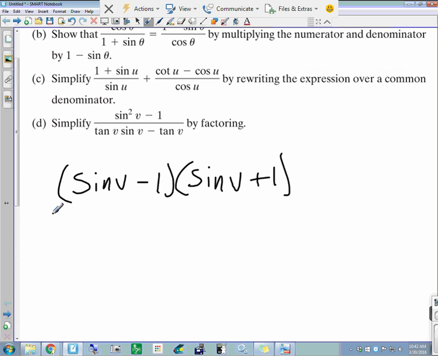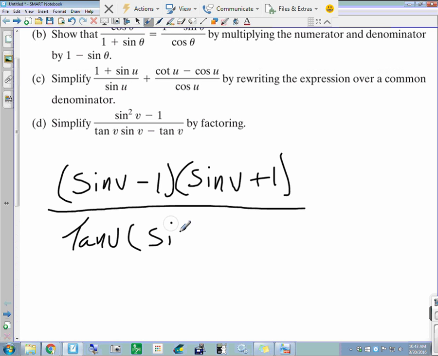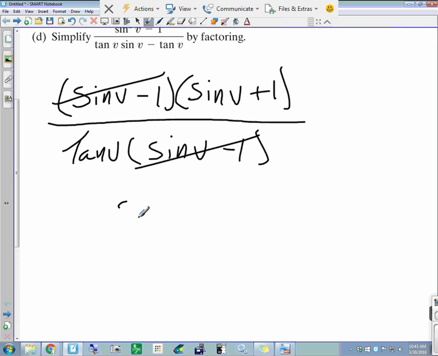That's factored out the top, right? Could I then go through and factor out a tangent v? So if I take tangent v, what's left? Well, that's going to be sine v minus 1. Boom. So that cancels with that, and I am left with the sine of v plus 1 over tangent of v.